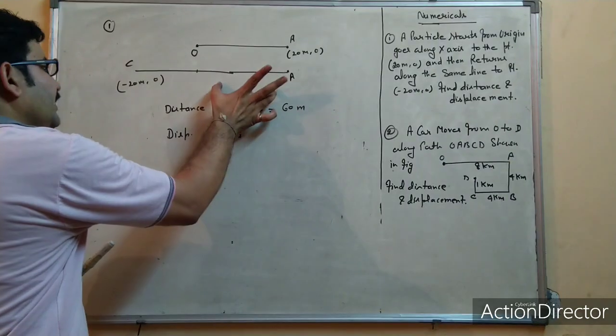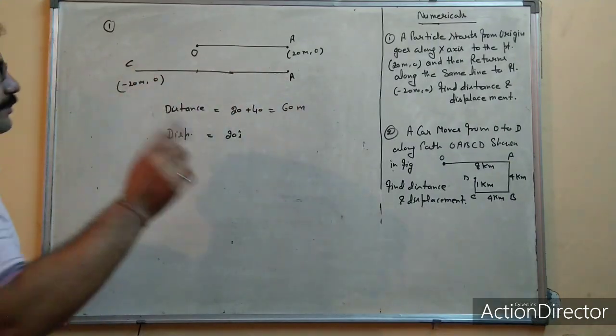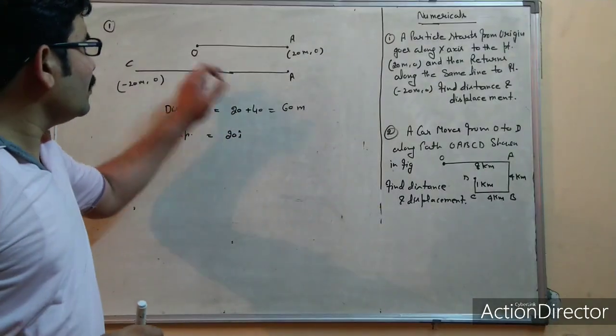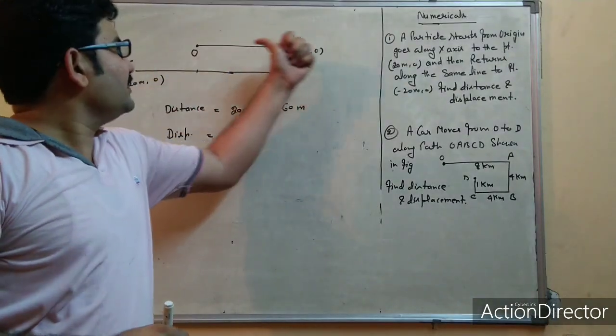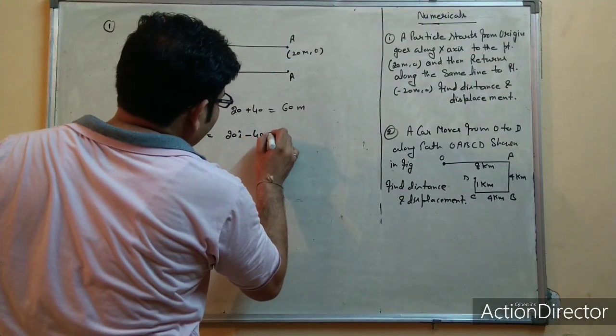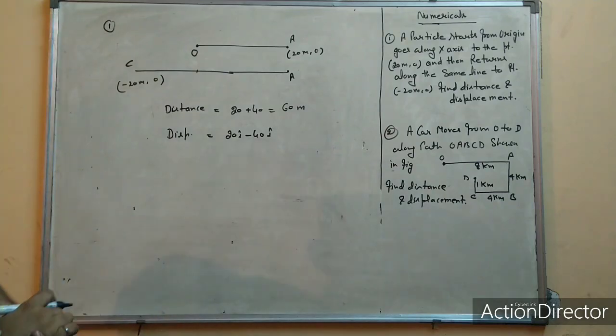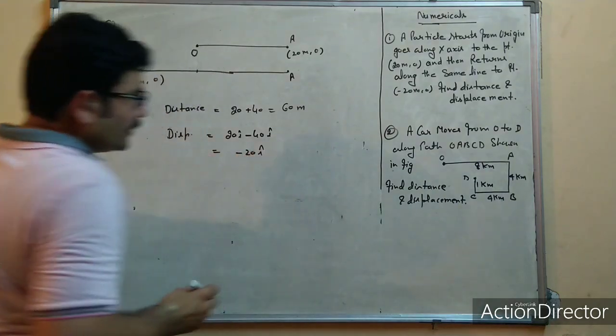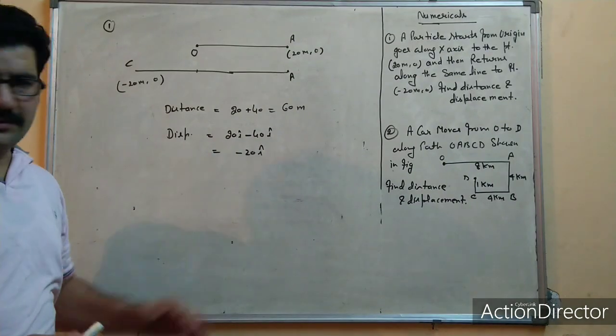Total distance 20 and 20, that is 40. But in that direction, minus i cap will be used, because this is i cap and this is minus i cap. So you have to write minus 40 i cap here. Now what is the answer? The answer will be minus 20 i cap. This is the right answer.